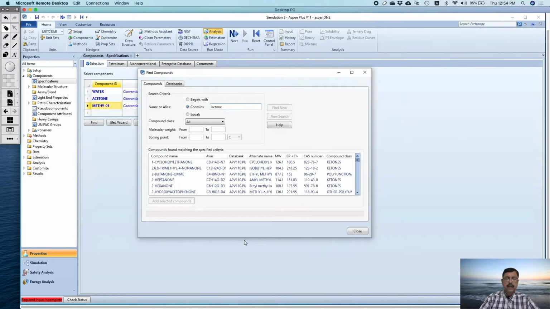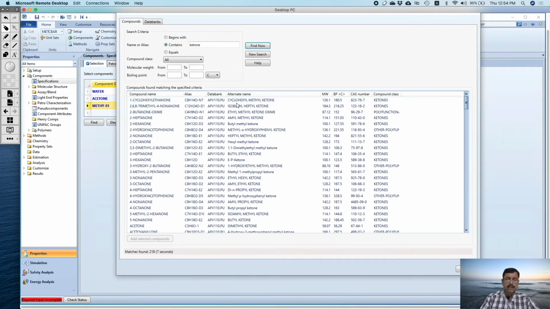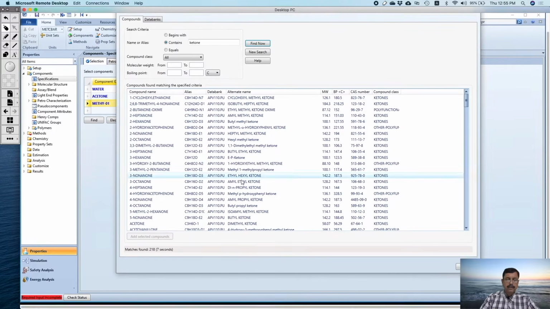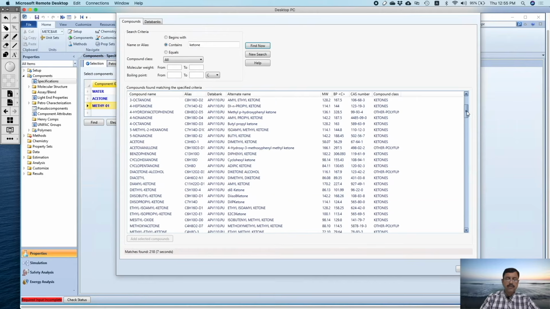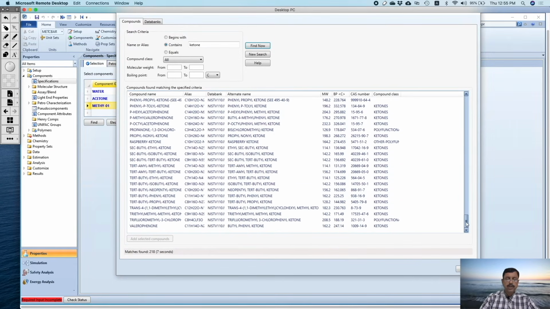If you click Find Now, you will get all the components that have ketone in their name. The first one is cyclohexyl methyl ketone, then isobutyl heptyl ketone, ethyl methyl ketone oxime, amyl methyl ketone, etc. So you have to choose your component from this long list.